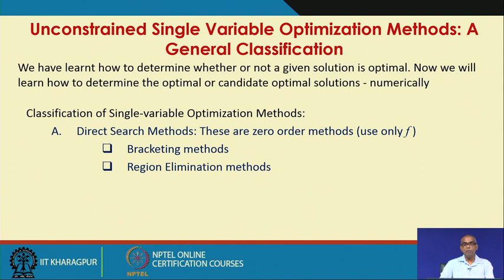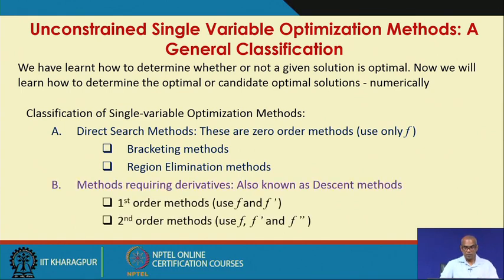The single variable optimization methods may be broadly classified into two categories: direct search methods and methods requiring derivatives. The direct search methods are also known as zero order methods. They do not use any derivative information. They use only objective function value information.